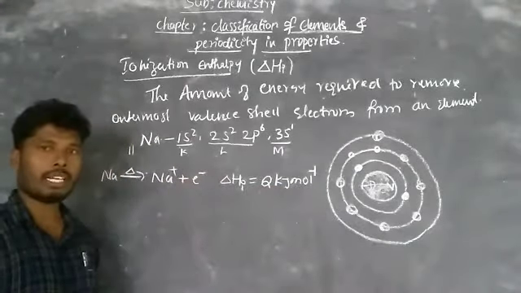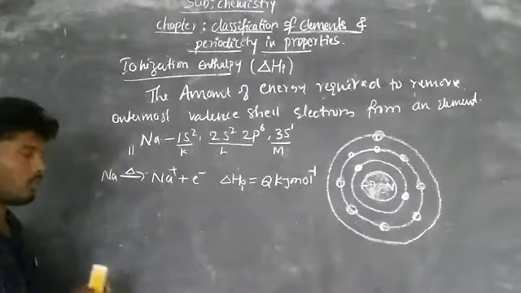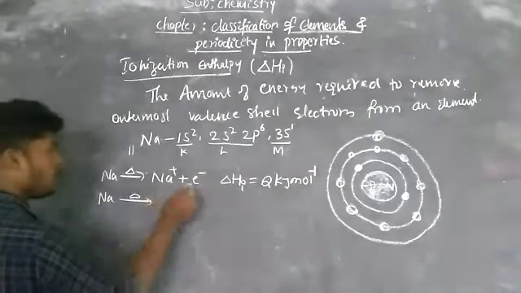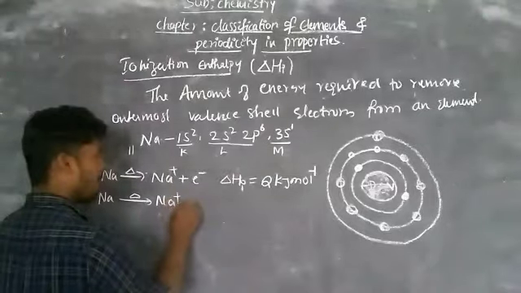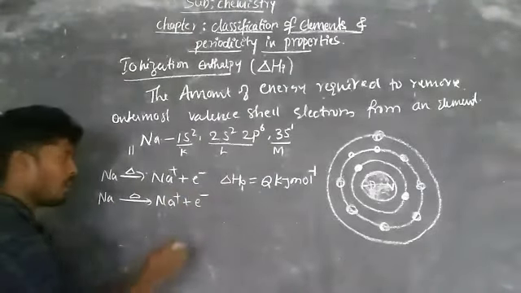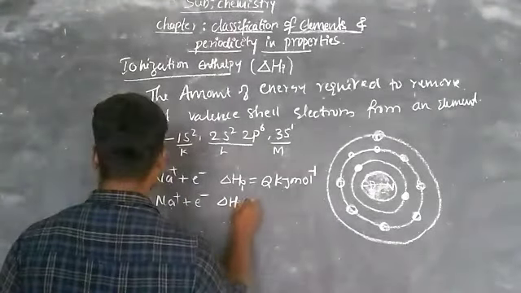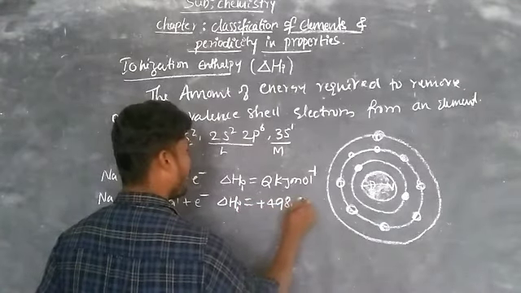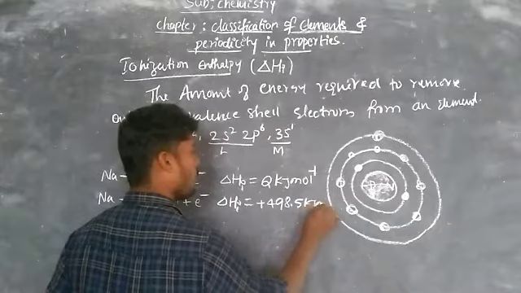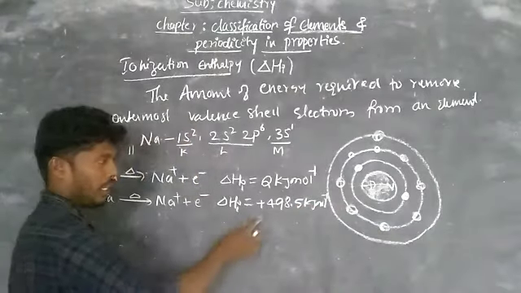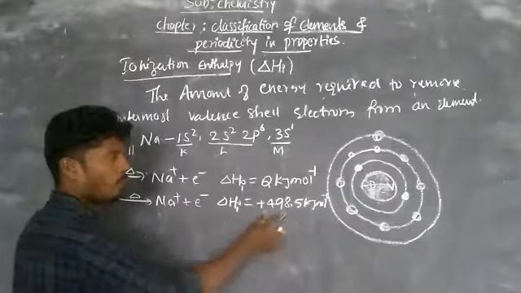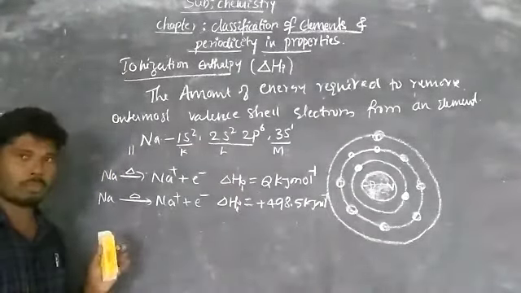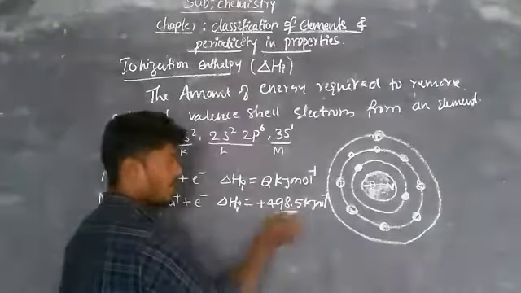So for sodium, Na releases 1 electron, Na plus 1 electron. To remove 1 electron, delta H i is equal to plus 498.5 kilojoules per mole. This much energy is required to remove 1 electron from a sodium atom.